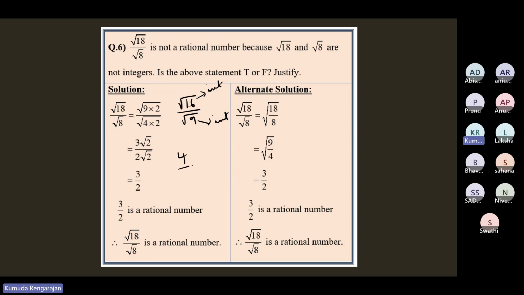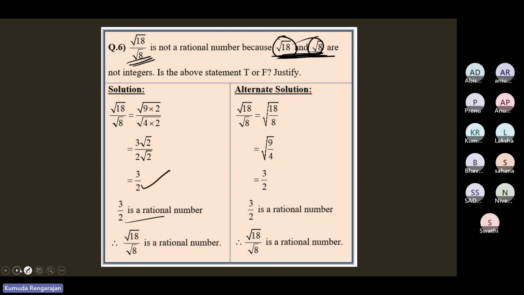What's the square root of 9? 3. 4 by 3. This is integer by integer, so it's a rational number. Understand? Yes, ma'am. This is somebody's reason. Somebody is telling you that because they are not integers, this one is not rational. So you will tell them that no, you first simplify it. On simplifying, you're getting 3 by 2, so it's a rational number.